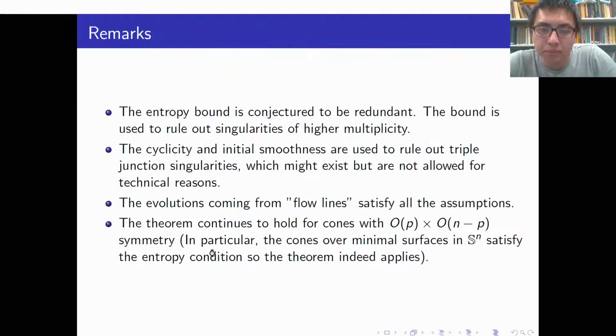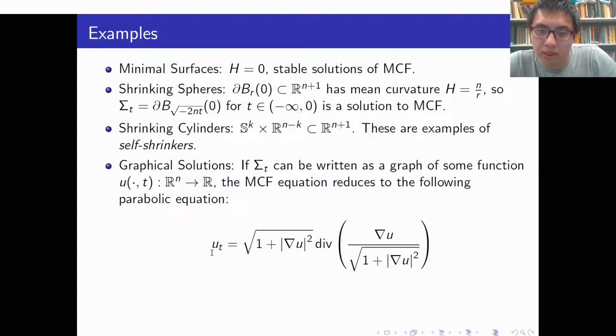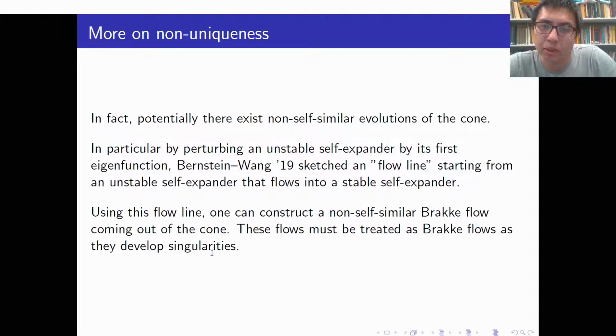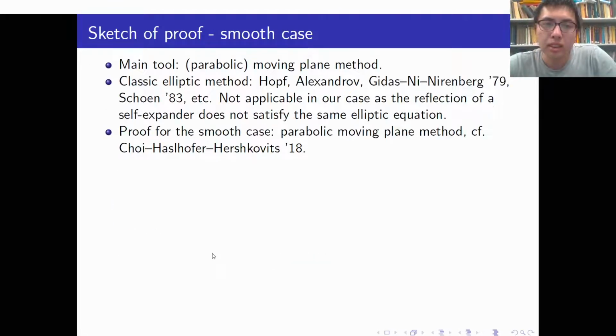And in particular, again, at the very beginning, we mentioned that these graphical solutions satisfy this very nice equation, a quasi-linear parabolic equation to which we can apply the parabolic maximum principle and the parabolic Hopf lemma. So that will give us the proof for the smooth case.